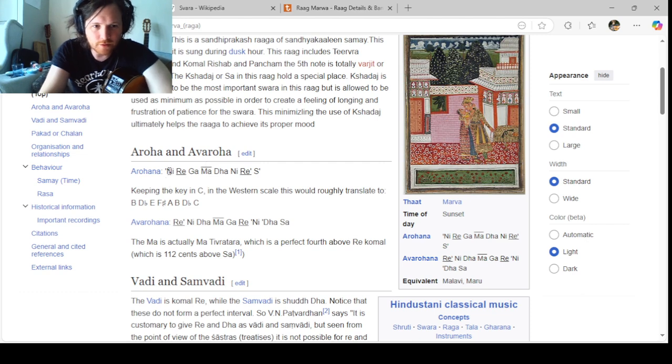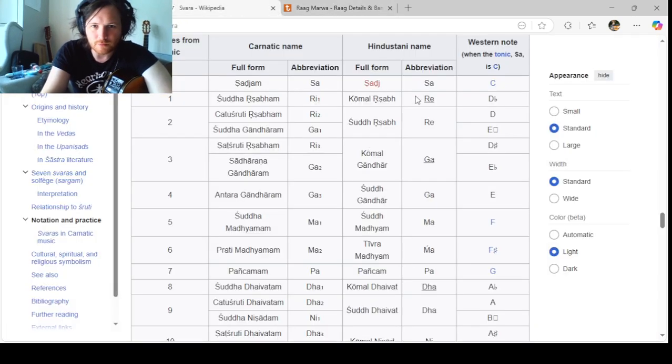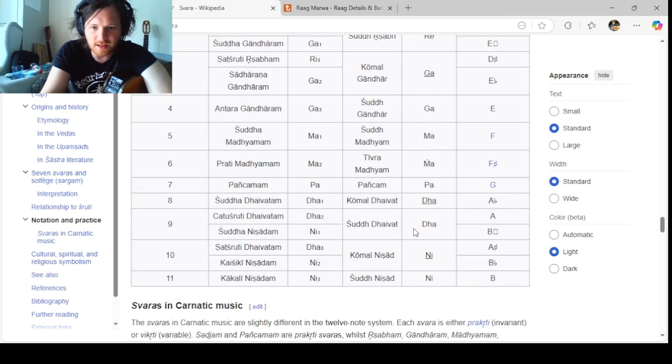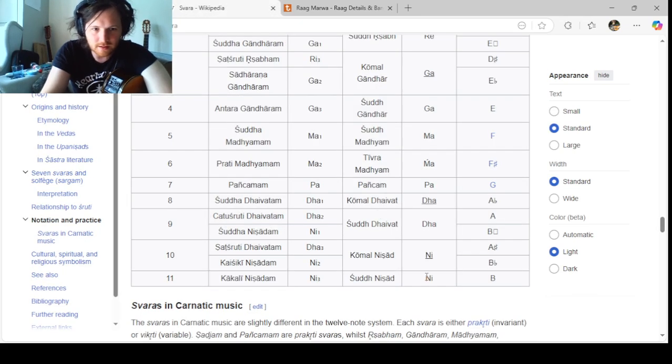So let's see what we've got here. We've got ni, re, ga, ma, pa, ni, re, s, which I take to be sa. Now, this is interesting, and this goes with what we've got here quite helpfully. So we start on ni on the way up, and it's not ni underlined, it's ni with a little mark.